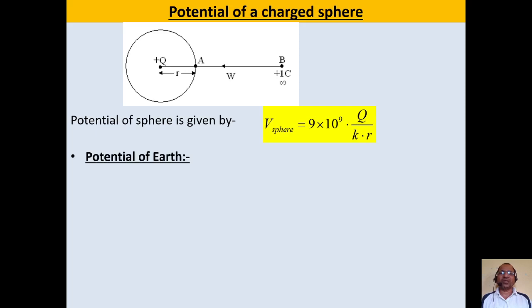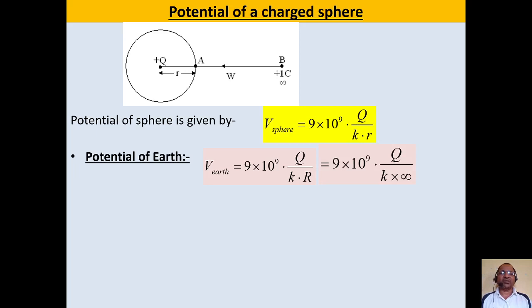From this formula we can find out the potential of Earth. Earth is also considered as a charged sphere, but whose radius is very high. So we write the formula V Earth is equal to 9 into 10 raised to 9 Q upon KR. Here capital R is the radius of Earth, which as compared to the charge Q and the dielectric constant K is very much higher. We can assume it to be infinity.